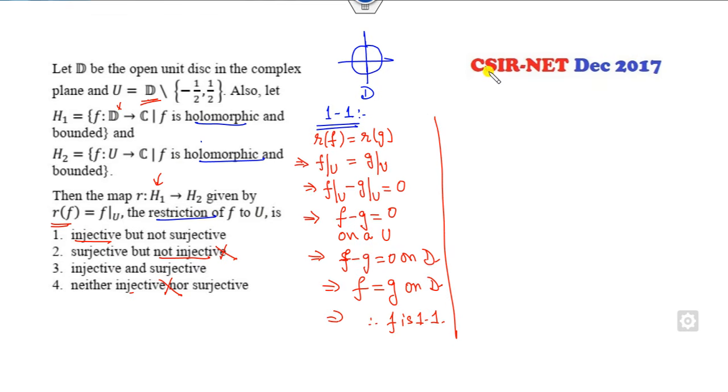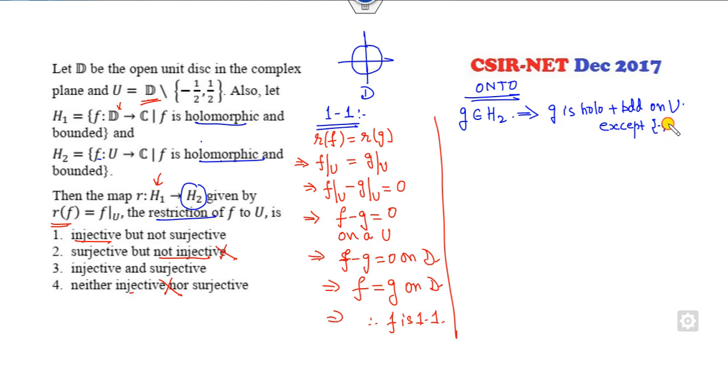Now look at onto. How do you prove onto? I can take any element G in my H2. G is holomorphic and bounded on U, except at minus half and plus half.